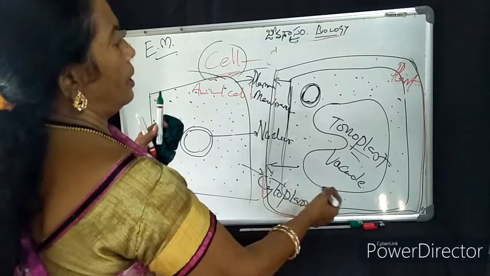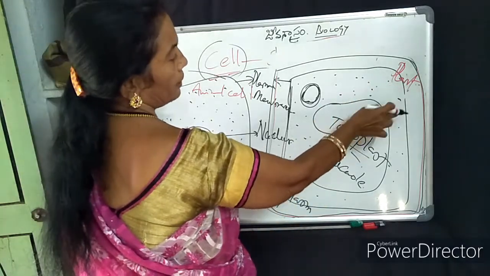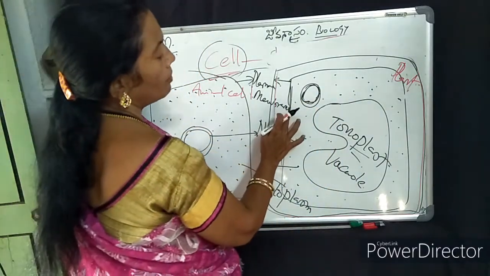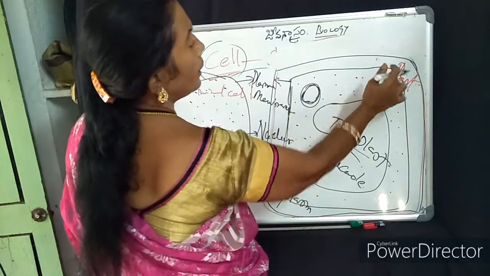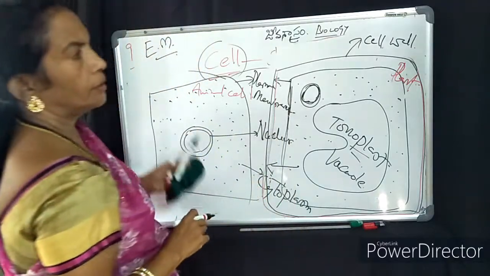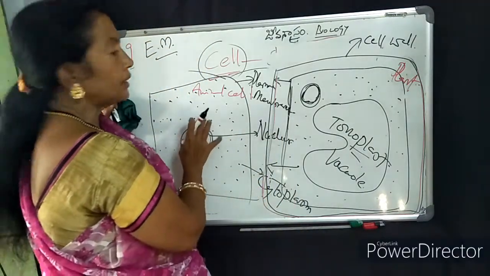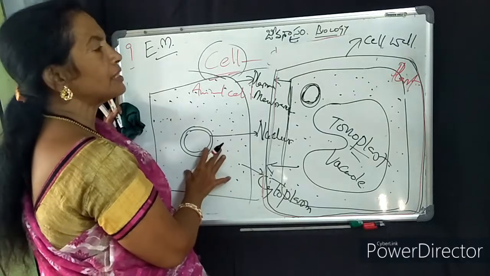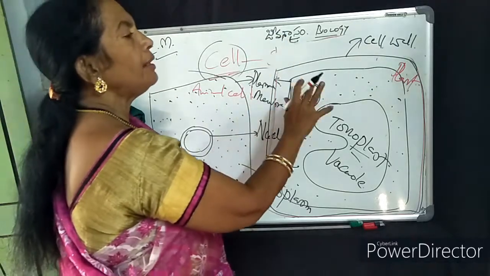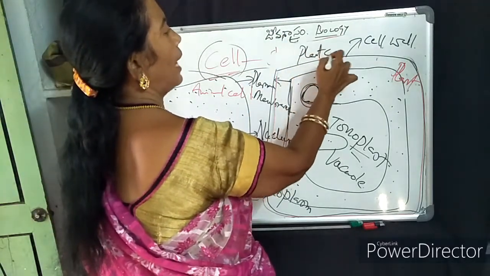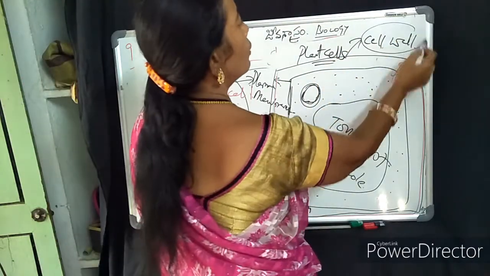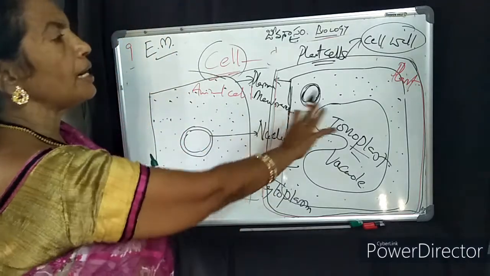The cytoplasm is covered, that means saved, by the plasma membrane, and the outer layer is called the cell wall. I did not draw the cell wall in the animal cell because the animal cell has no cell wall at all. We can find the cell wall only in plant cells. This is the most important difference between animal cell and plant cell.